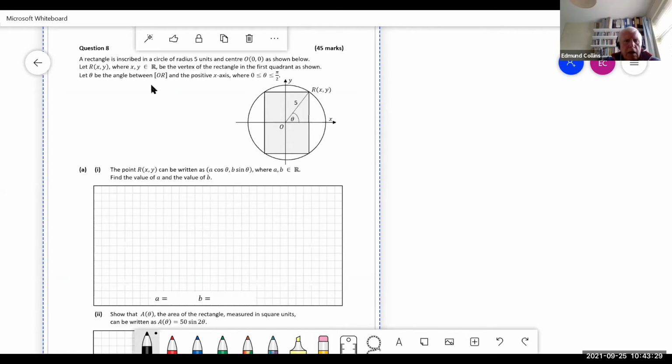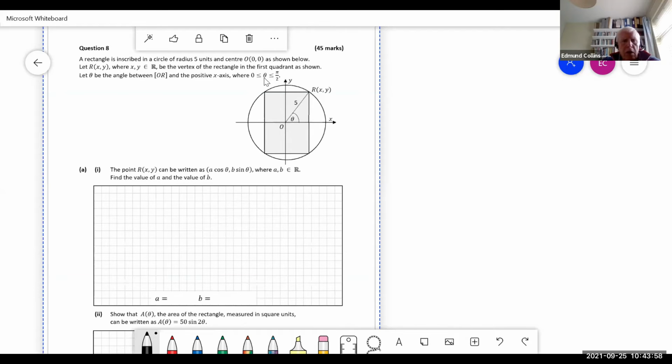This is the angle here, theta. The angle between OR and the positive x-axis, where you can read this as theta is greater than or equal to 0, but less than or equal to pi over 2.